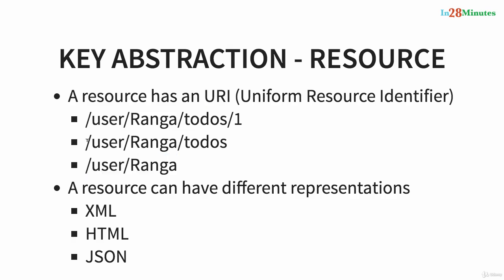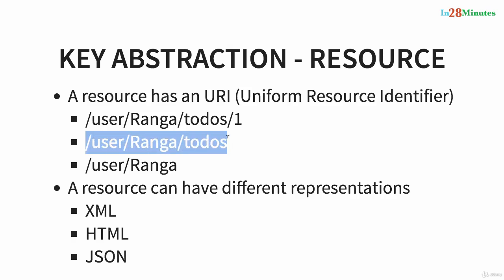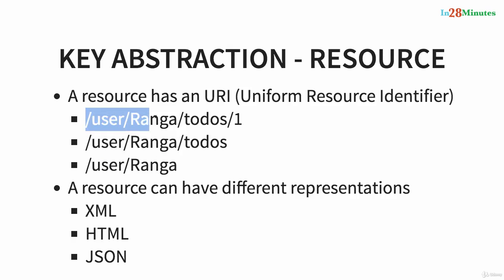The URI to all the to-dos that Ranga has is /user/Ranga/todos. The URI to the first to-do that Ranga has is /user/Ranga/todos/1. So we assign a URI to each resource.